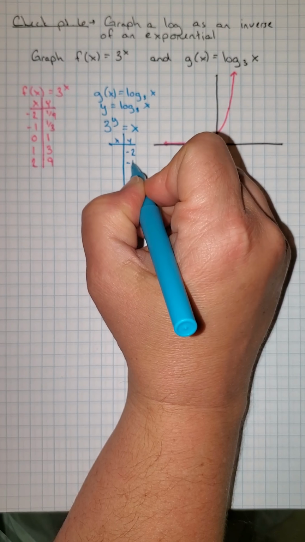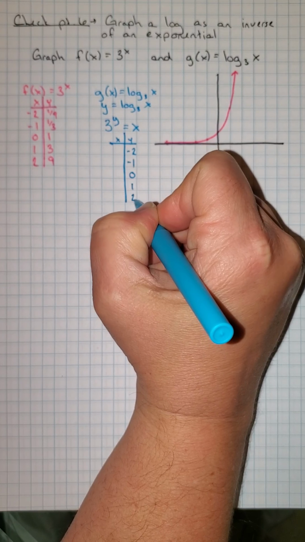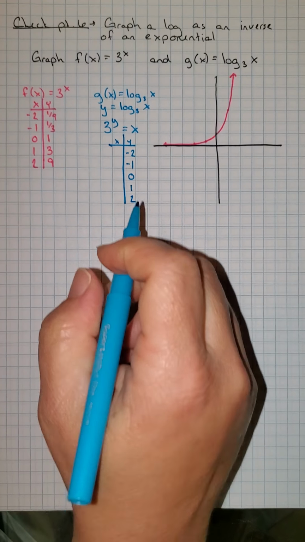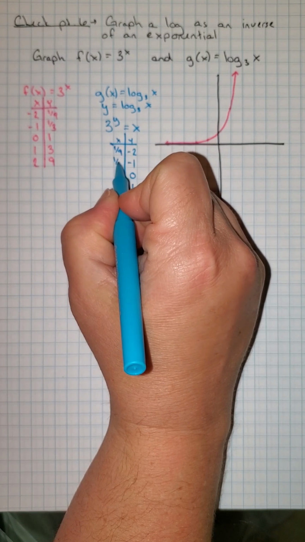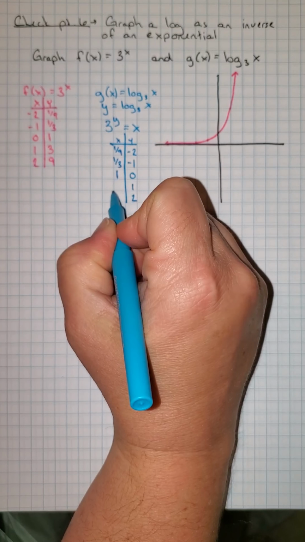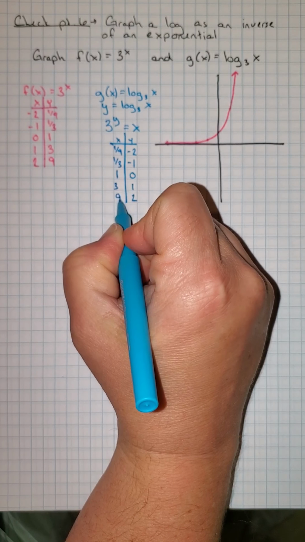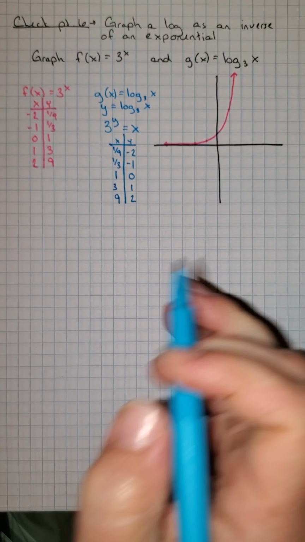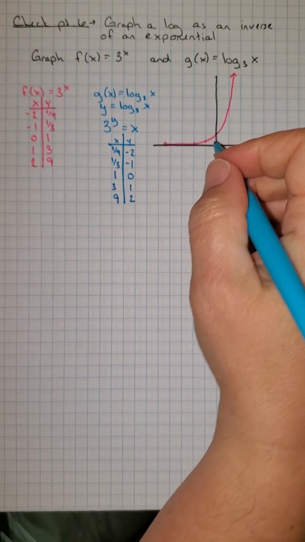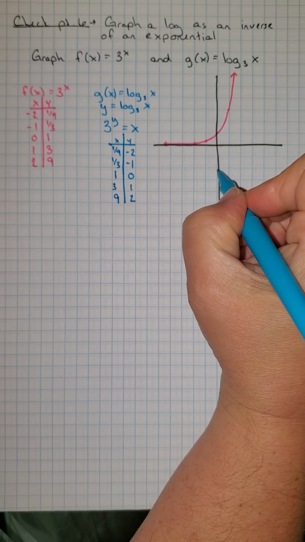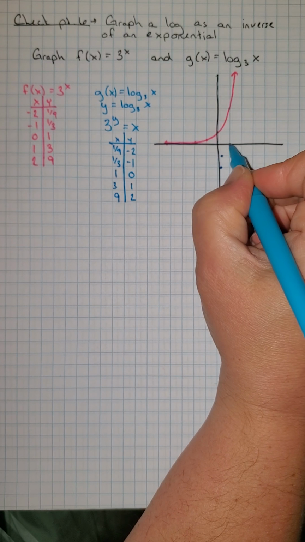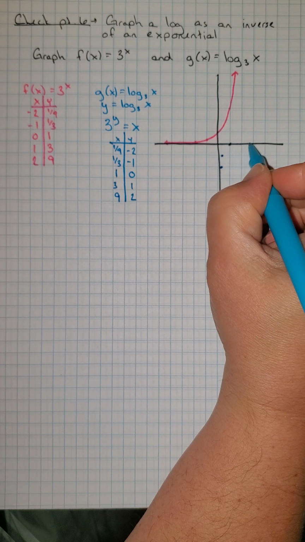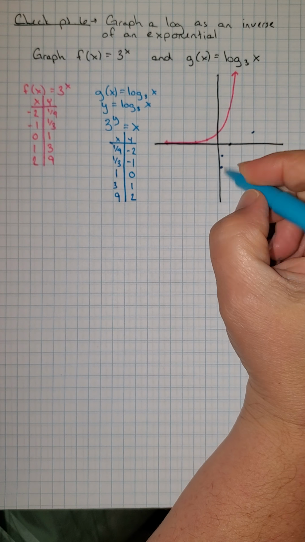Putting the -2, -1, 0, 1, and 2 in for y. So 3 to the -2 is 1/9, -1 is 1/3, 0 is 1, 1 is 3, and 2 is 9. Okay, so plotting those points, we have 1/9, -2; 1/3, -1; 1, 0; 3, 1; and then 9, 2 is way out there.